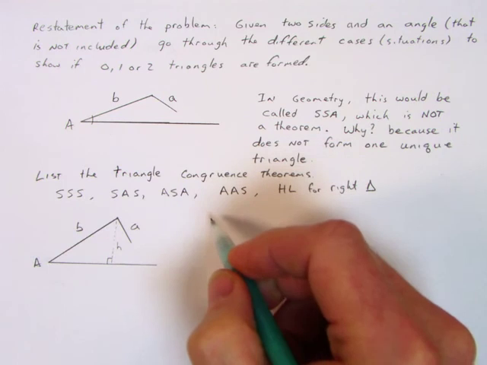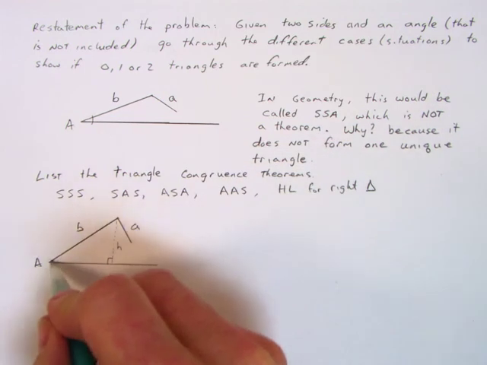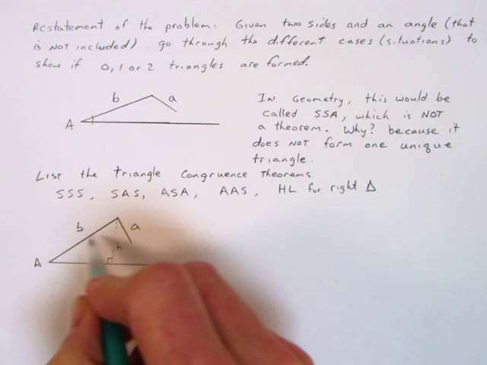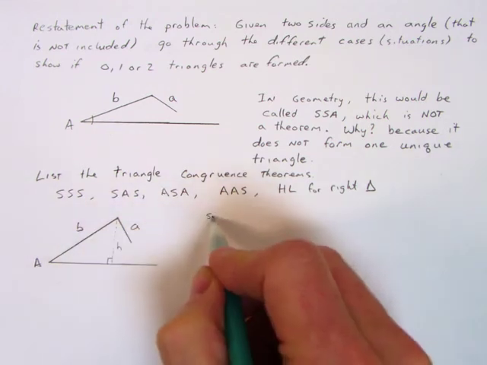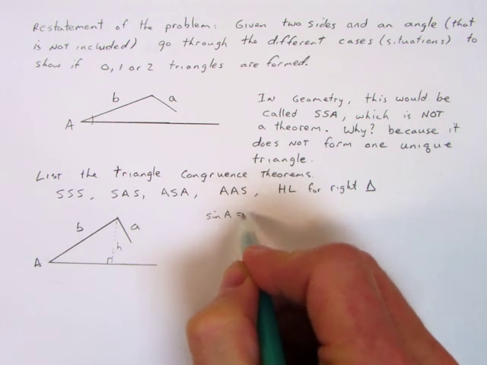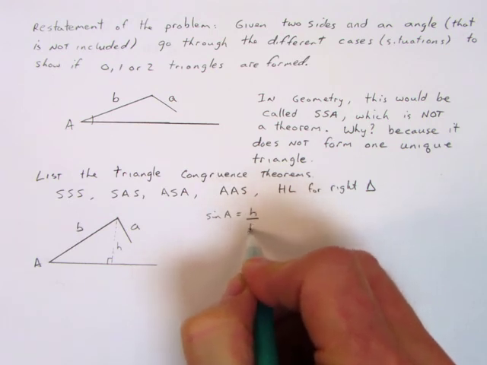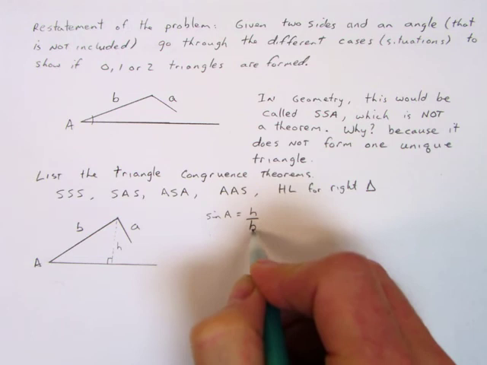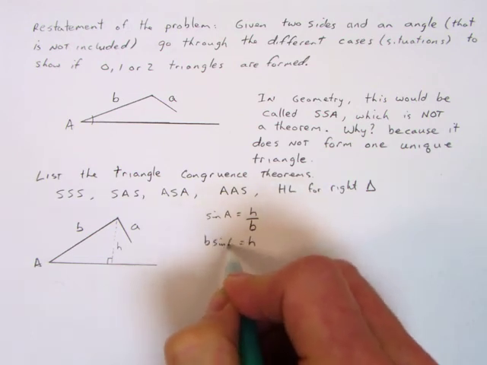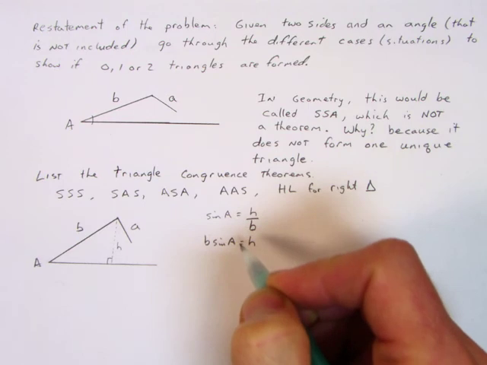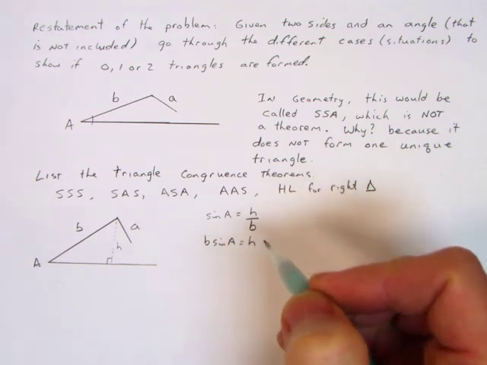How do I find h? Well, I know angle A, I want to find h, and I know side b. So I could say that the sine of capital A equals the opposite over the hypotenuse. So in other words, h equals b sine A. That's going to be our reference point for most of this.